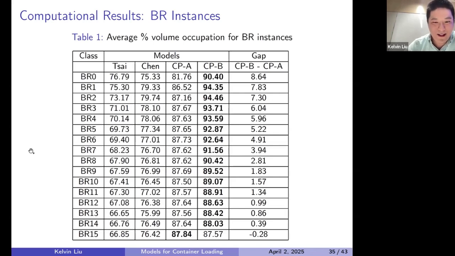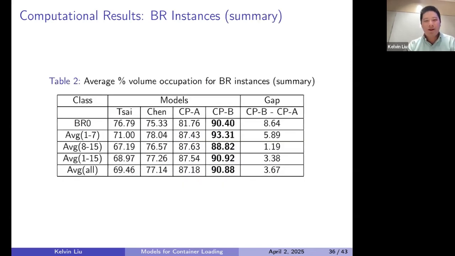But in fact, if I move on to the next slide and present the averages for homogeneous instances, which are just BR0, you can see that CPA is about 82, and then CPB is about 90% volume occupancy on average. I should mention that every entry in the table is just averaging the volume occupation over all 100 instances in the class.